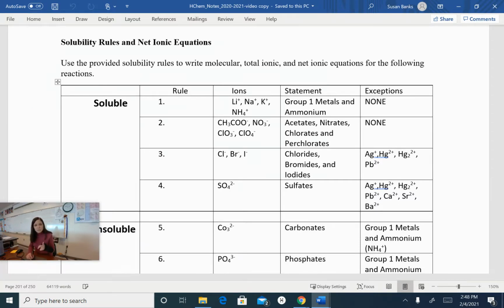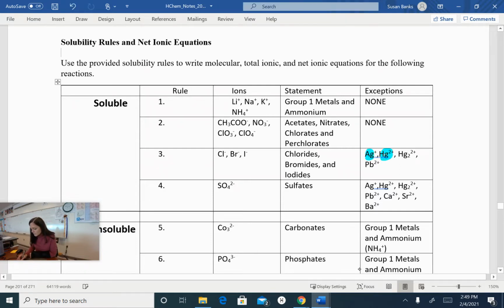Now the exceptions for chlorides, bromides, and iodides are silver, mercury +1, and mercury or lead 2, and I would also say lead +4. So if I have silver, mercury, or lead bound to chloride, bromide, or iodide, I would not expect that salt to be dissolvable. I would expect that to be a solid in the bottom.